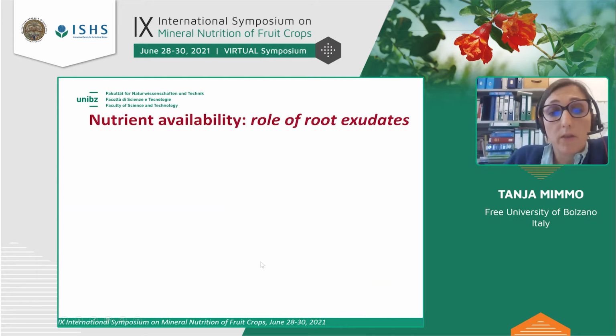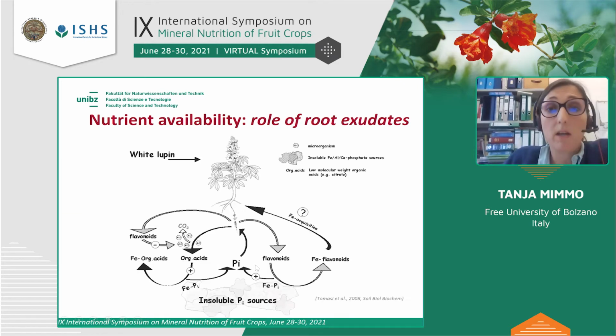But obviously in the rhizosphere, what else is there? There are root exudates. Root exudates are low and high molecular weight organic compounds released by the roots. They are all kinds of different compounds, and they have different functions, but they are also involved in nutrient availability. They mobilize the nutrients. They are also involved in the uptake mechanisms.